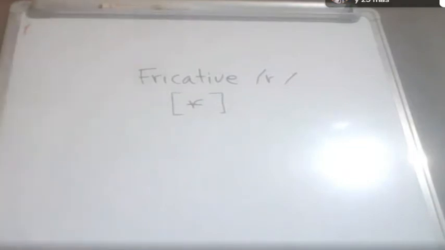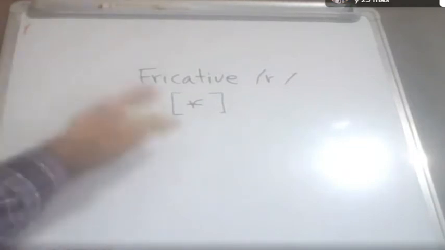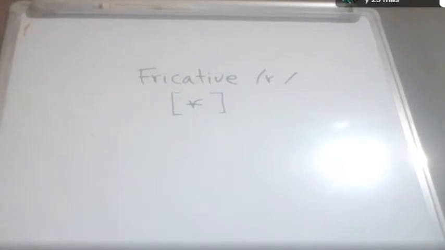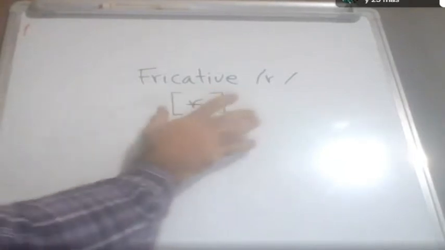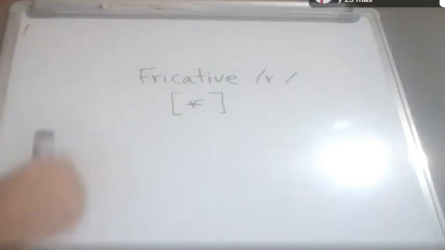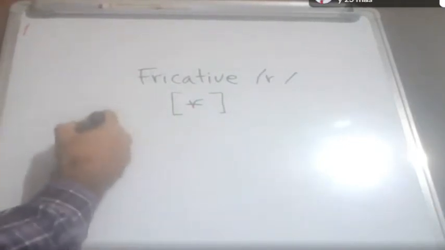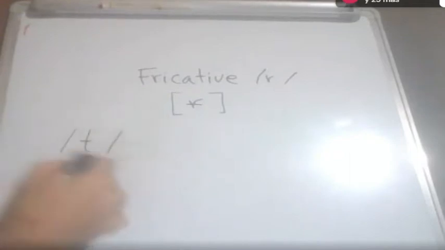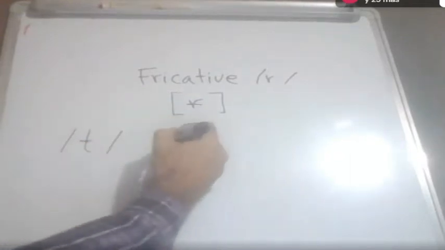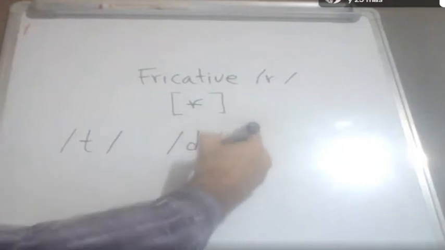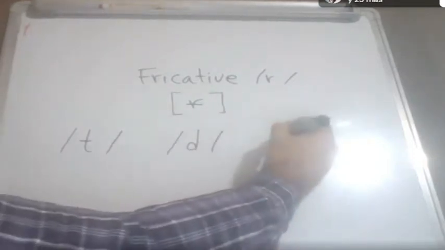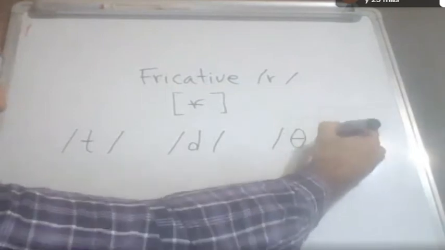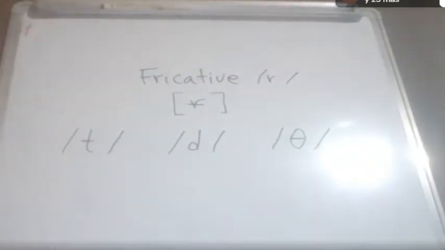The environment for the fricative is when it occurs after T, after D, and after th. Always the R after these three sounds comes out with certain friction.